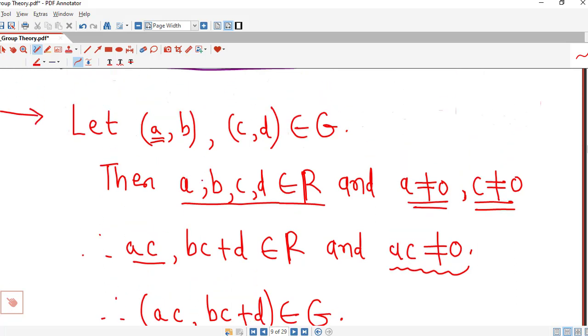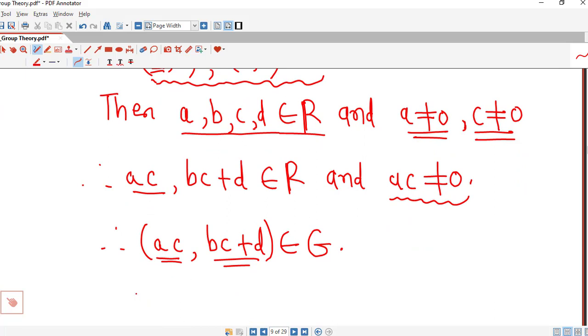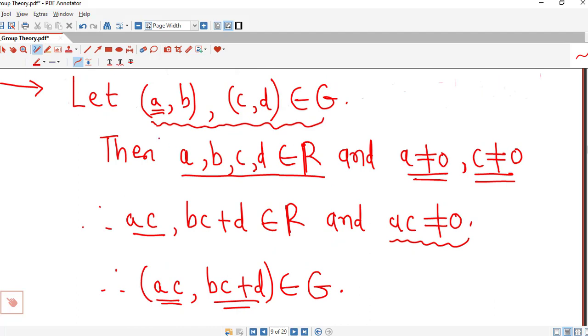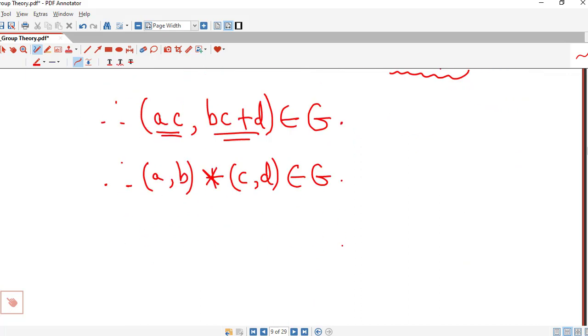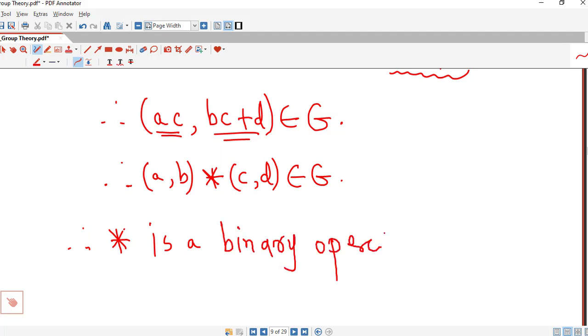So we started by taking arbitrary elements in G, and we find that whatever element we obtain by applying this star operation to these two elements is also in G. So for any two elements (a, b), (c, d) in G, (a, b) * (c, d) is also in G. That shows that star is a binary operation on G. So the first property is satisfied.